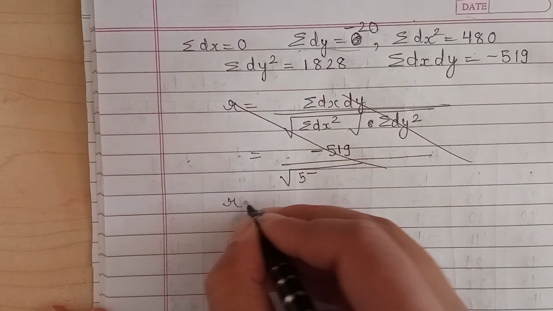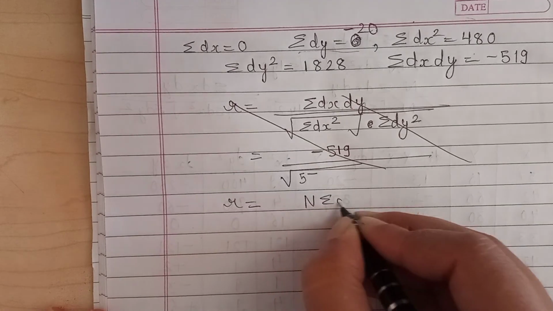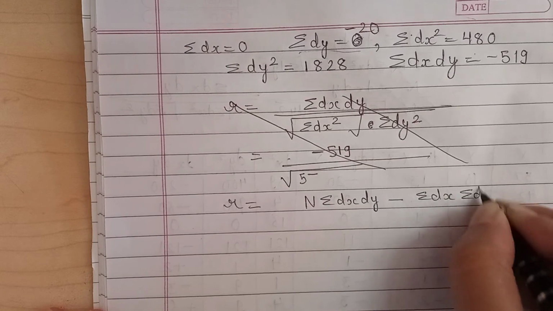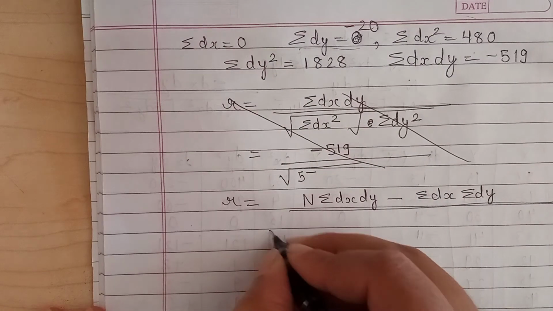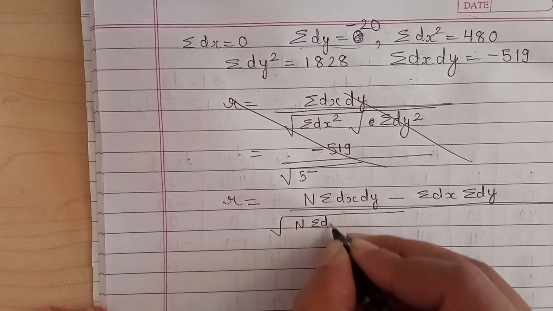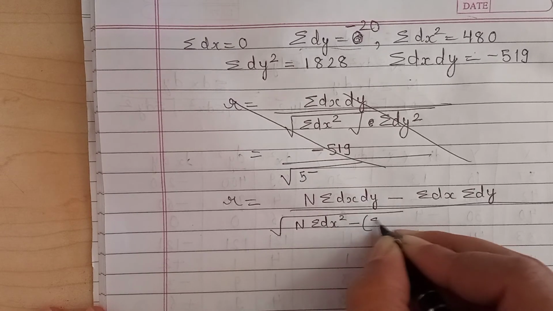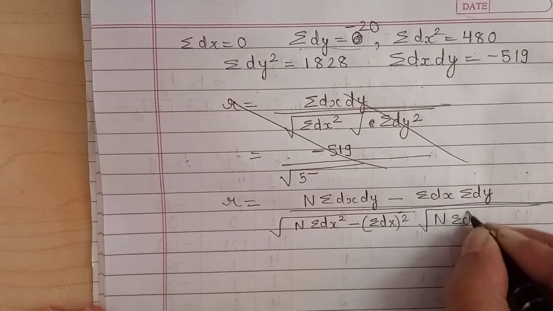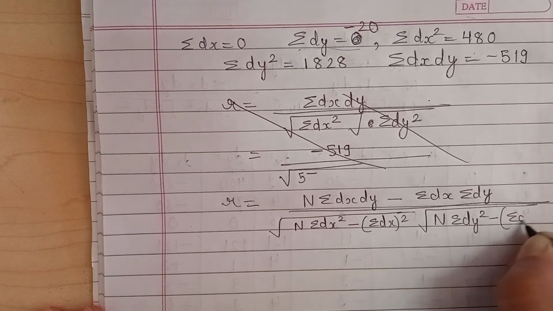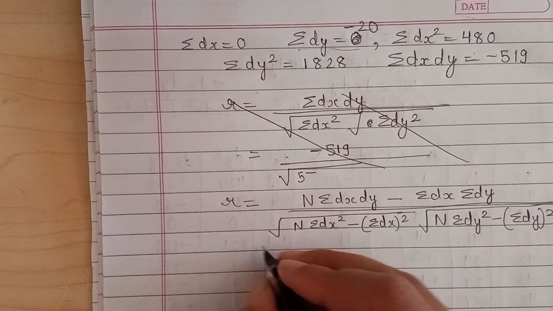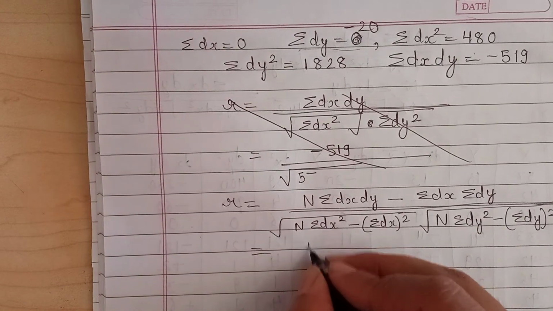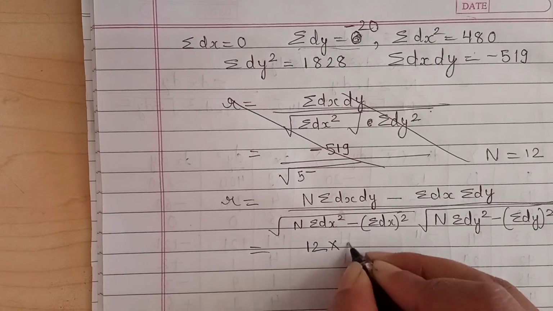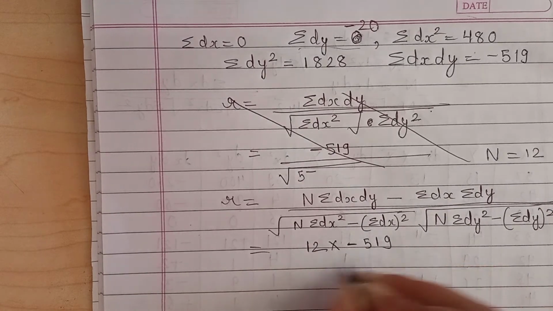We have to use the earlier one, that is n summation of dx dy minus summation of dx summation of dy, divided by root over n summation of dx square minus summation of dx whole square, root over n summation of dy square minus summation of dy whole square. Now if you put the values, n is 12, so 12 into summation minus 519.